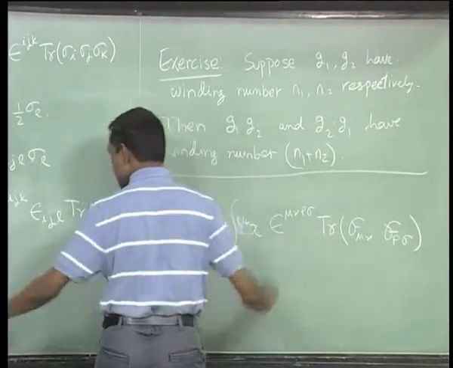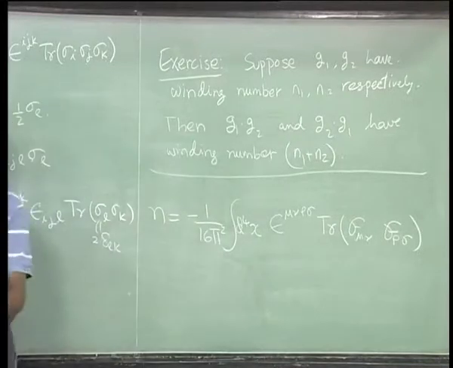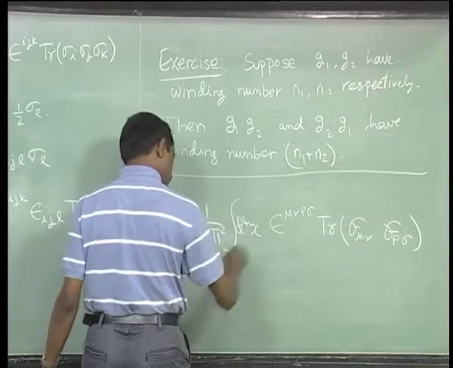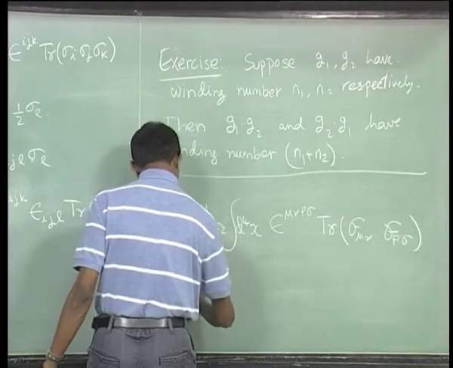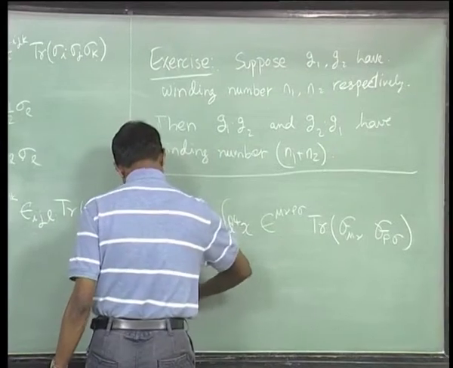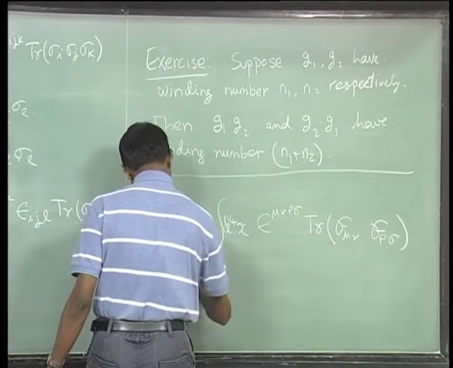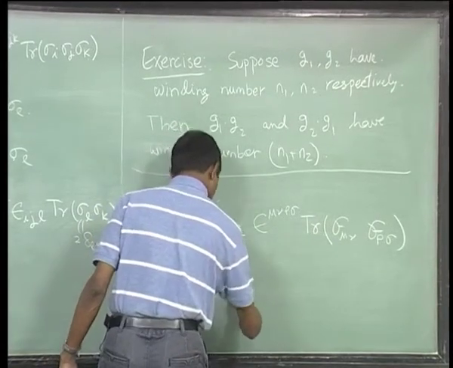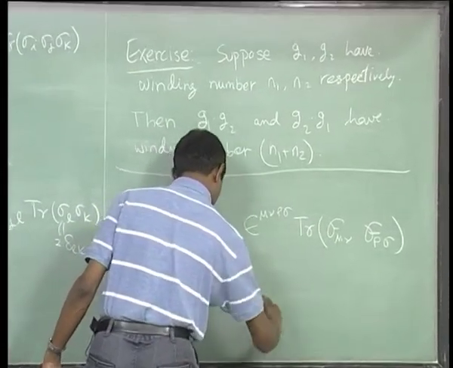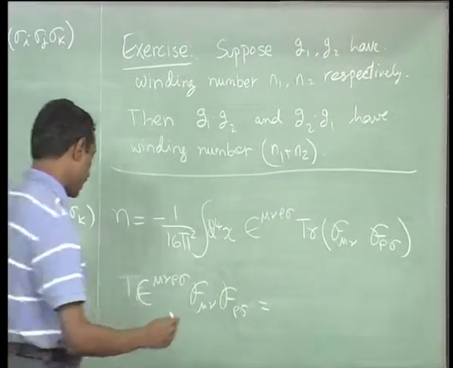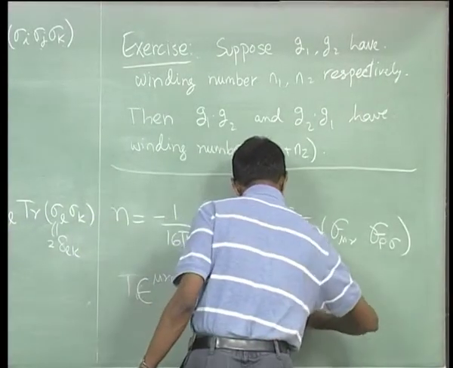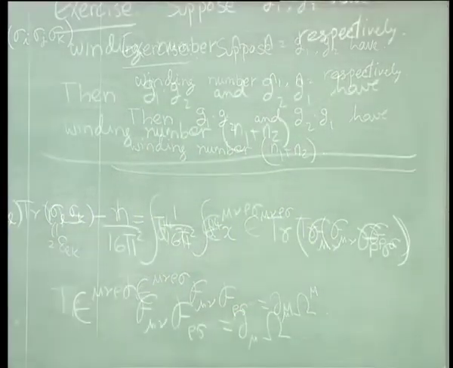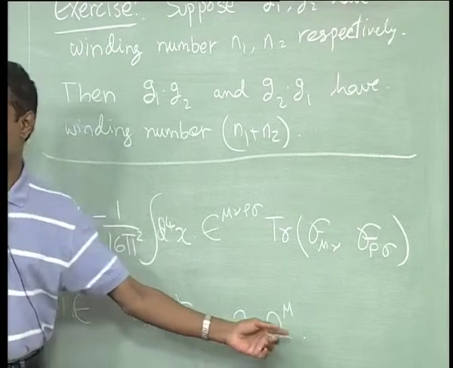All these formulae I am writing out, the numbers are correct only for SU(2). What we showed was that trace epsilon mu nu rho sigma F mu nu F rho sigma was writable as some d mu of omega mu, and you were asked to find out what this omega mu was.